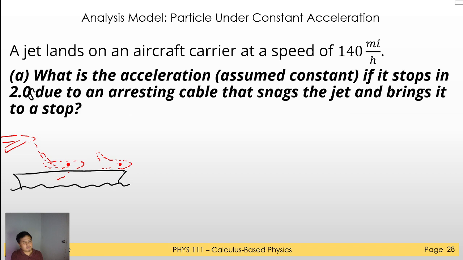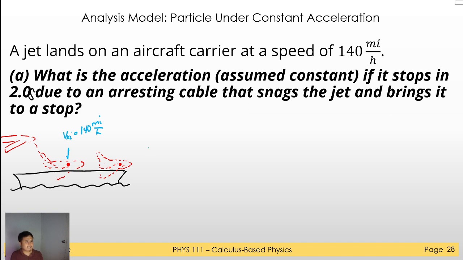An arresting cable is similar to a slingshot, no? To arrest your motion. So at this point, we have an initial velocity of 140 miles per hour.